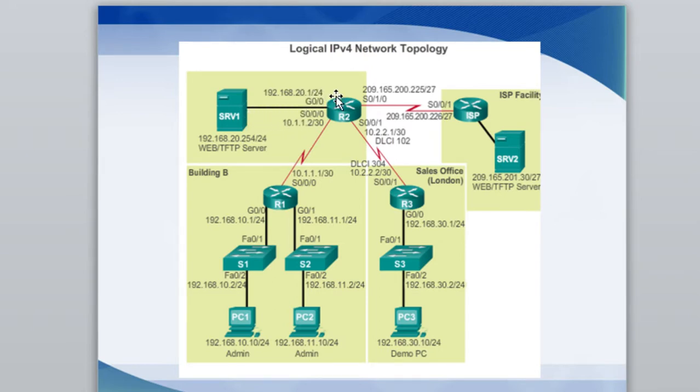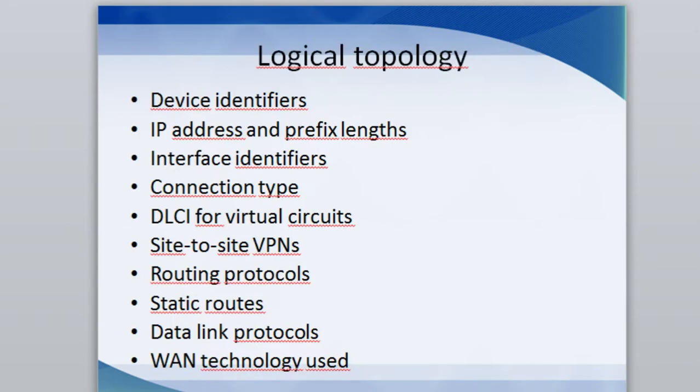Now we have the interface of the devices that this cable is connected to. And again, if we go here, we can see that these are the identifiers of the device, the interface that is being used. Here we have the DLCIs, and so on with what we saw in here. All of this should be in your logical topology diagram.